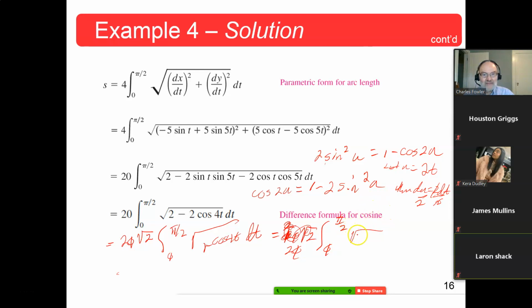We pulled the square root of 2 out and left a sine squared, which is just going to be sine 2t dt.